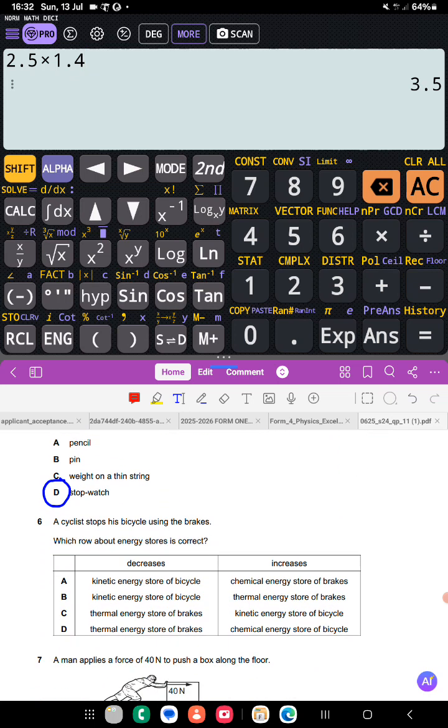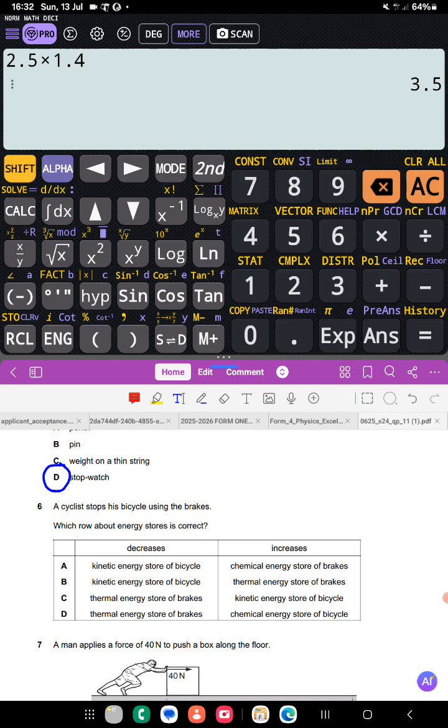All right, number 6. A cyclist stops the bicycle using the brakes. Which row about energy stores is correct? Okay, so as the cyclist is stopping the bicycle using brakes, energy changes.